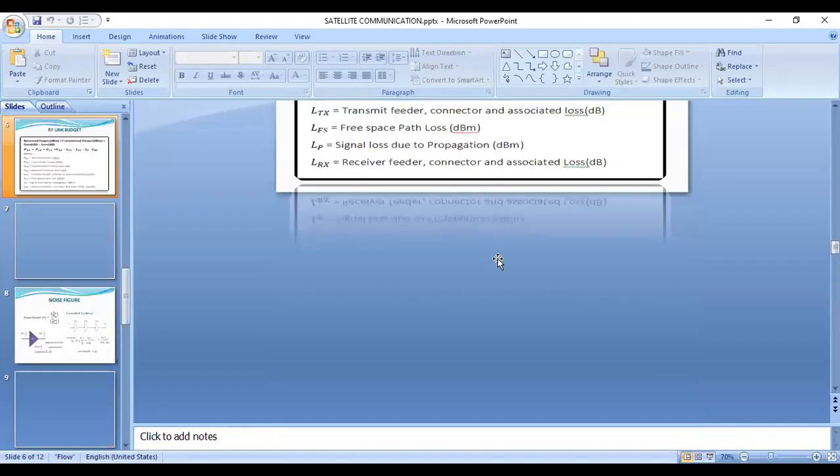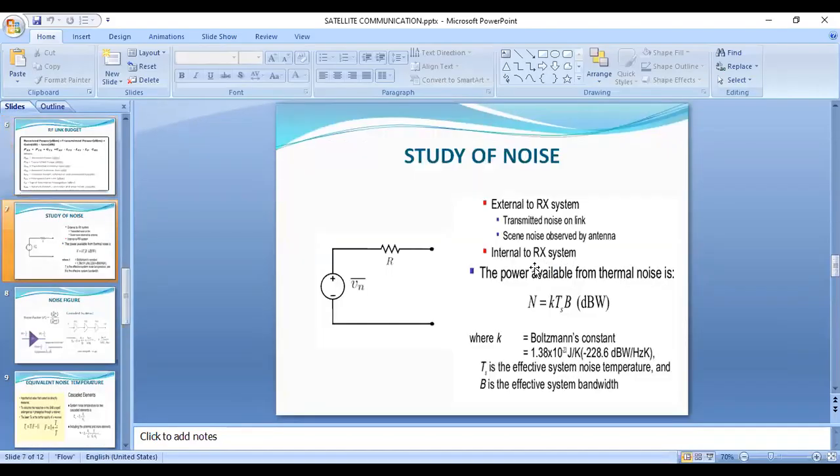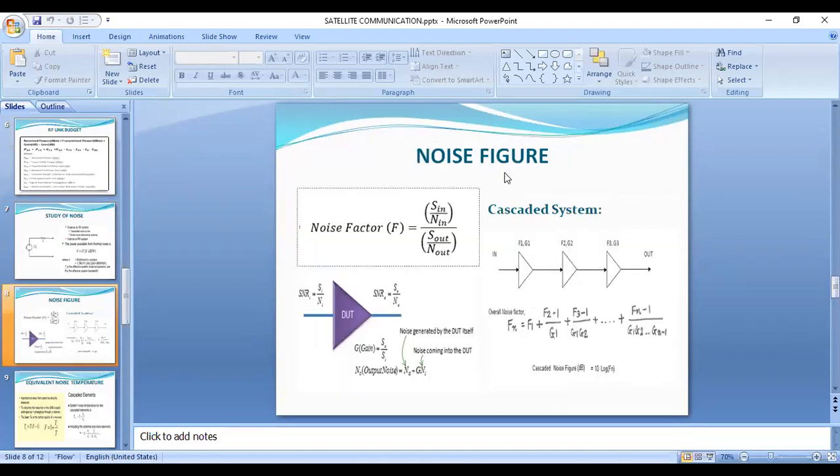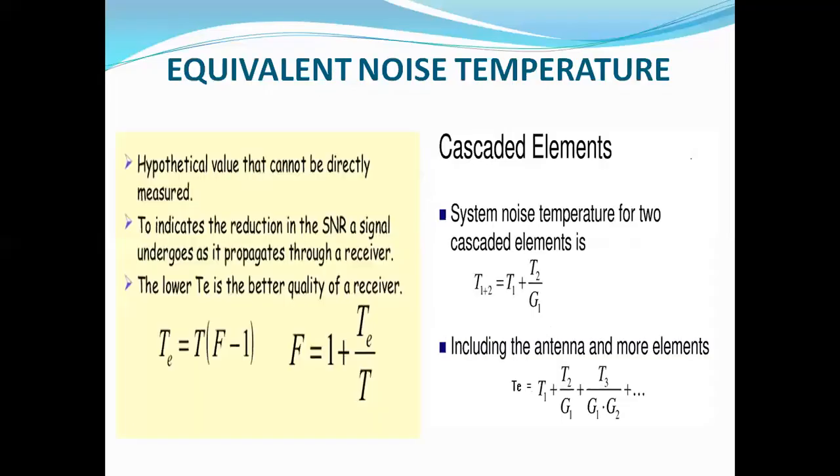Okay, get back to our slide again. So we are discussing the noise. We have the data of noise figure. We have proved, rather, that if we have a cascaded system, then the equivalent noise temperature is like this.